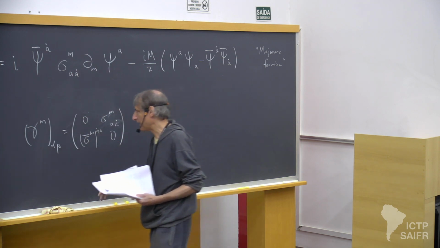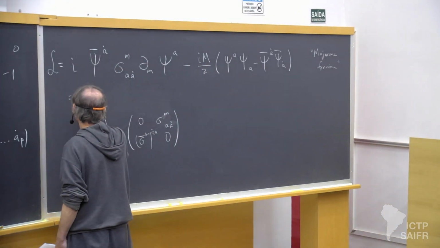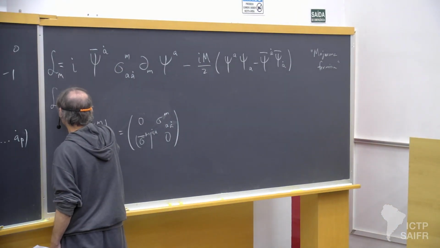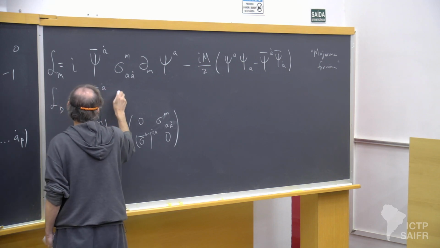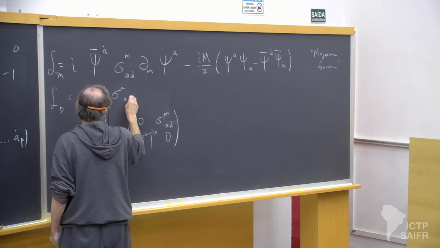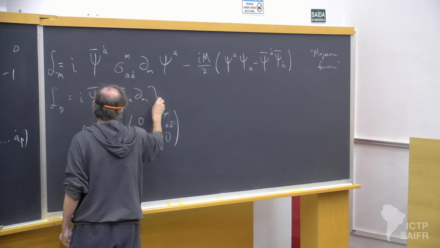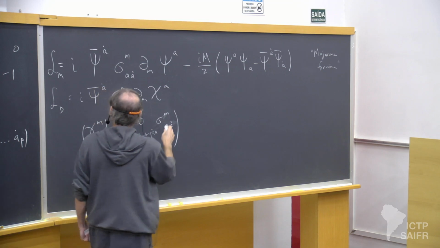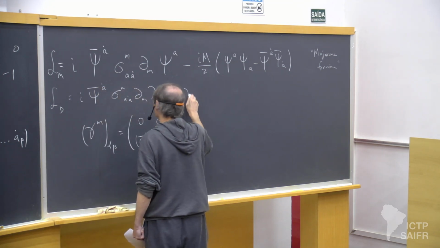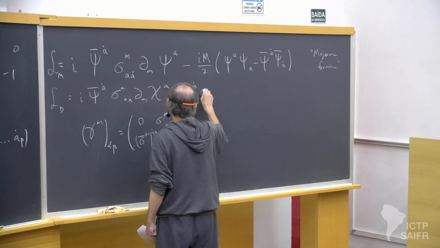Just to tell you what Dirac is, so this would be Majorana. If you're doing Dirac, then you actually need two of them. So you call one of them chi and one of them psi. And then you have two terms. You have this term plus I chi bar A dot.